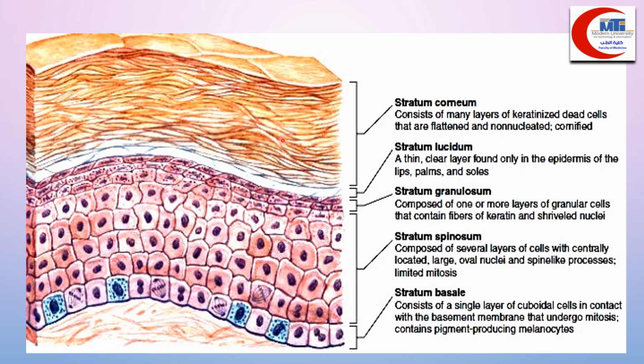The cells are still attached by remnants of desmosomes, and they are continuously shed from the surface and replaced by new ones from the deeper cells by mitosis.